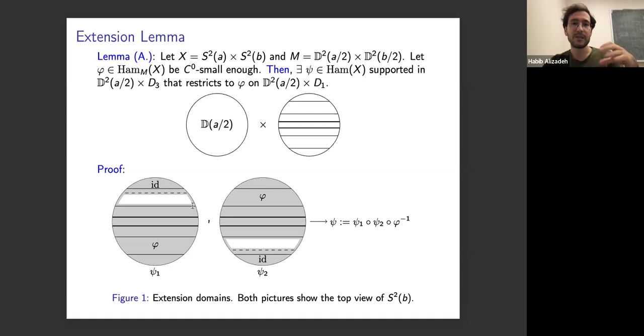And I also extend phi itself by identity in the lower hemisphere of the sphere on the right hand side. So basically the map that I get is phi here, identity above here, and identity in the lower hemisphere that you cannot see in this picture. So this is the top view of the second sphere.